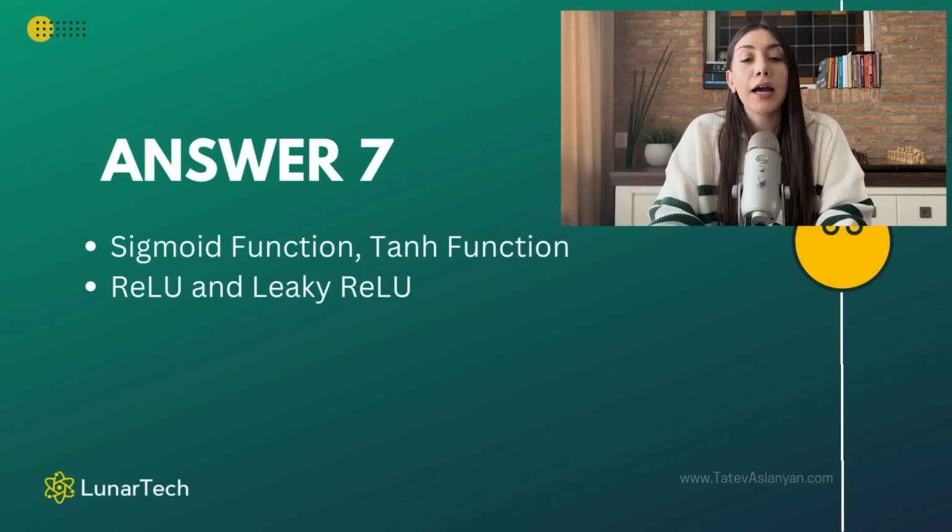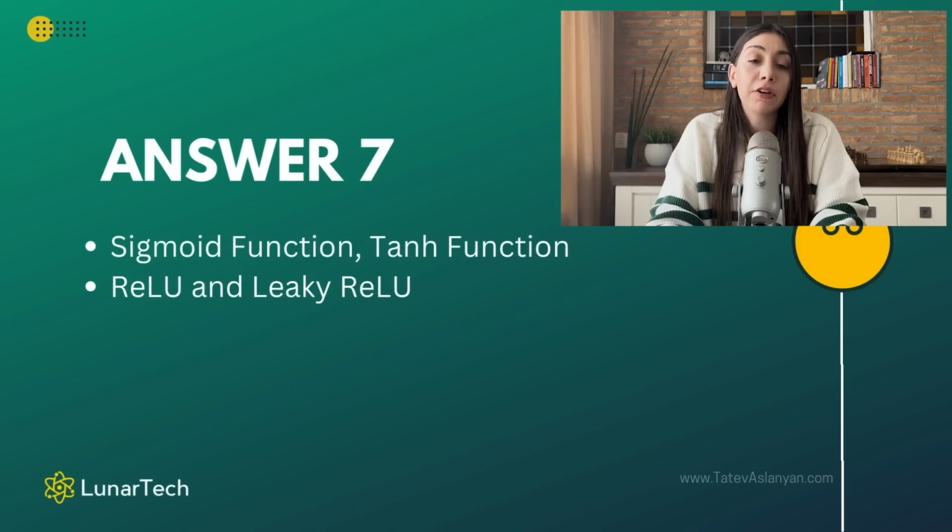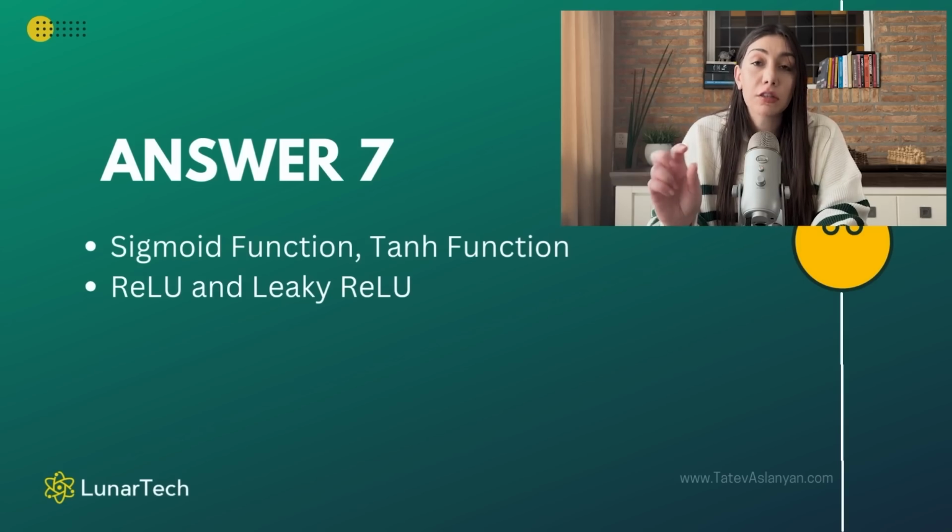I tend to say that the sigmoid function and the tanh function can form a single category. Then the rectifier linear unit and its adjusted version, leaky ReLU, can form the second category of activation functions. And we will soon see why.